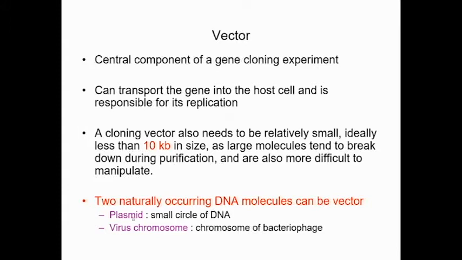One is called plasmid, from bacteria cells. It's a small circle of DNA. The second type of vector is called virus chromosome. They purify the chromosome of a bacteriophage and use that as a vector to carry the gene of interest.